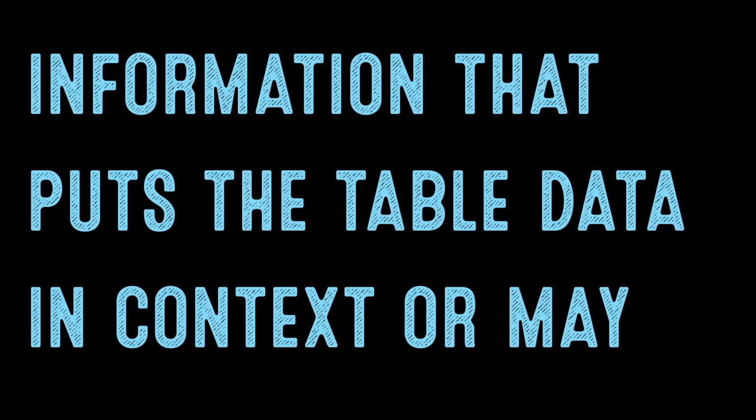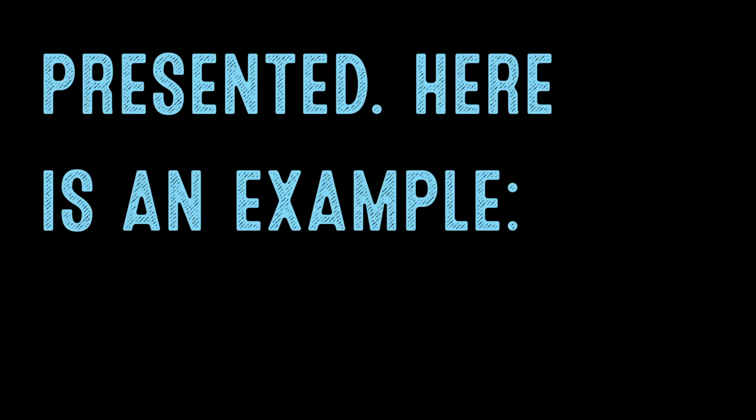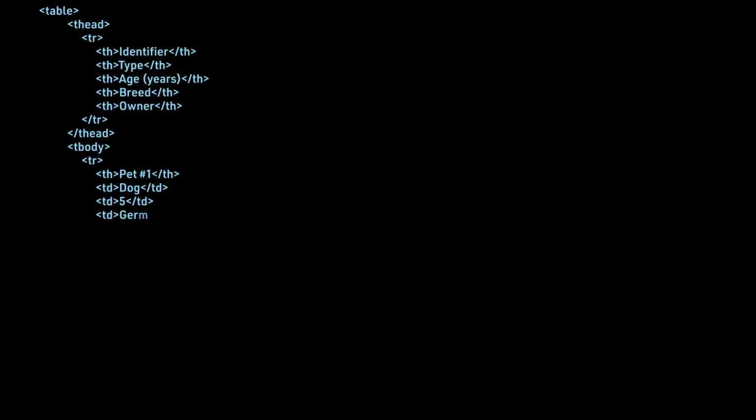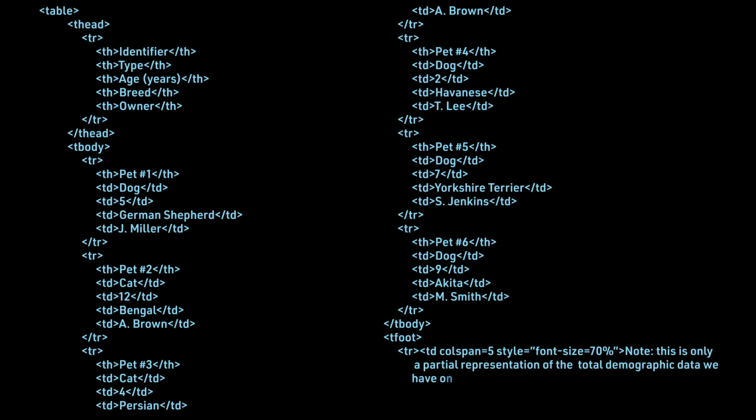The footer of a table should contain ancillary information that puts the table data in context or may provide additional information to clarify the data presented. Here is an example. So here we have a table element that encloses data for a table that has 5 columns.